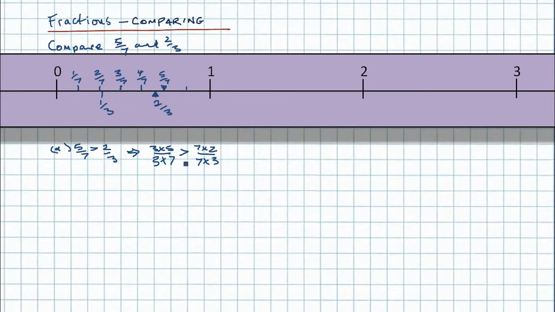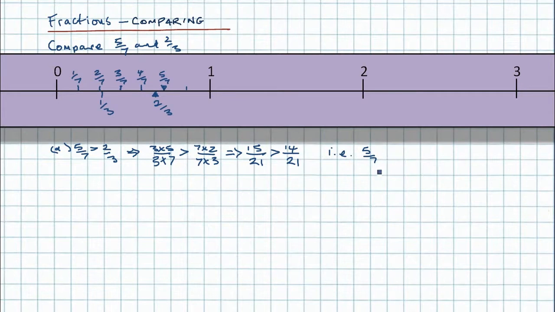And we've got to work this out, and that should prove whether this symbol is right or not. Okay, so that will then give us 15 over 21, which hopefully is greater than, yeah, we've got 14 over 21.